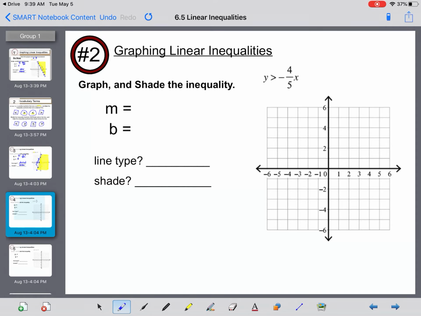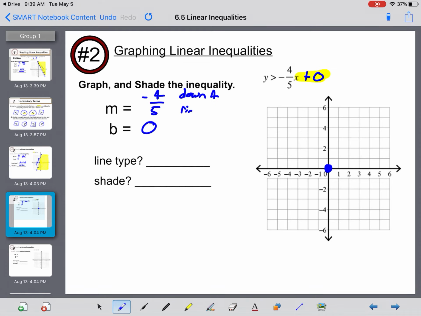Okay, graphing linear inequalities. Again, graph and shade. Y is greater than negative 4/5 x. So we know the m value is negative 4 over 5. But the b value, there is no b value. The b value is actually plus 0. So b is 0, which means we're going to start at the origin right in the center.